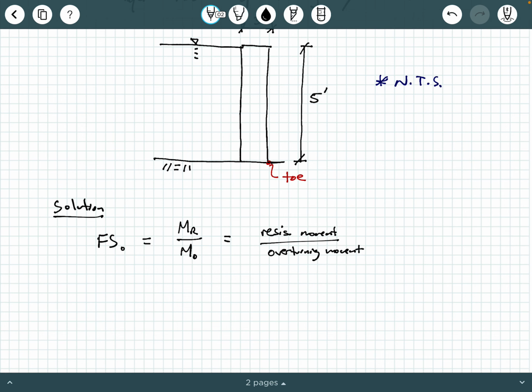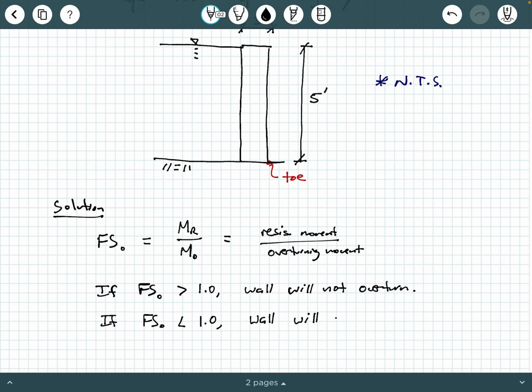And in general, if a factor of safety is greater than 1.0, the wall will not overturn. Of course, if the factor of safety against overturning is less than 1.0, the wall will overturn. It'll tip over, okay?